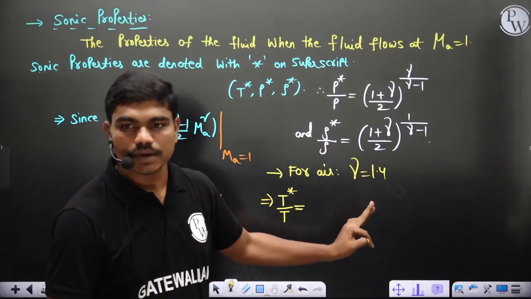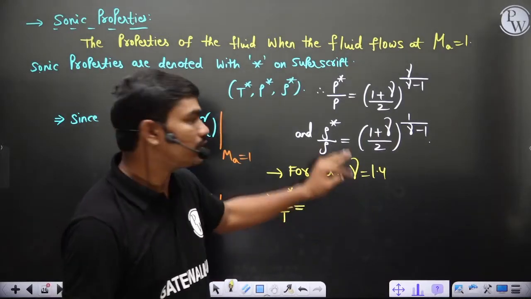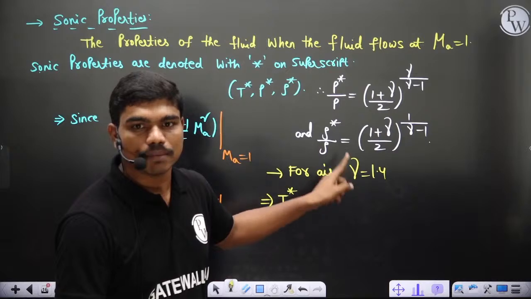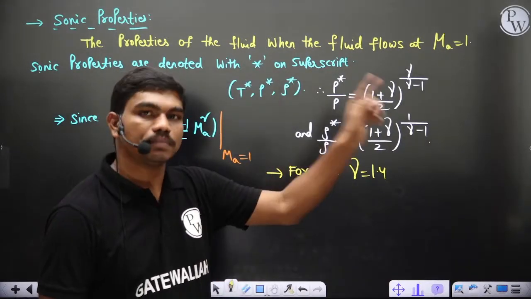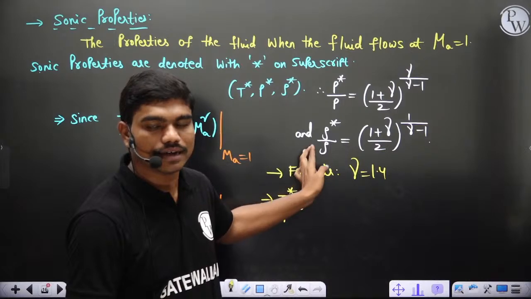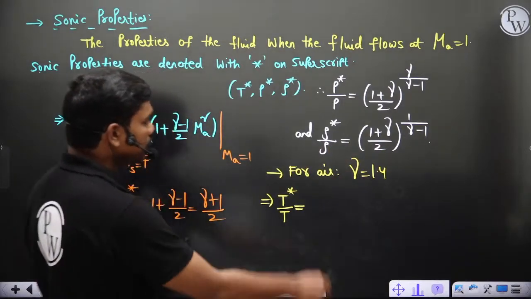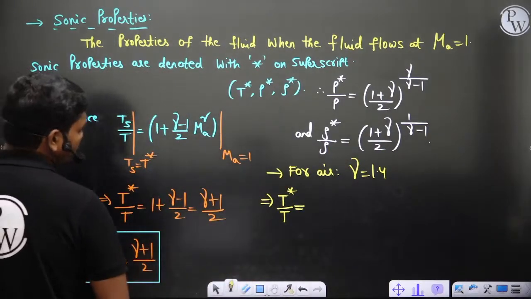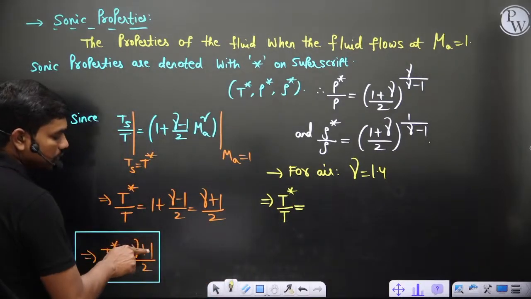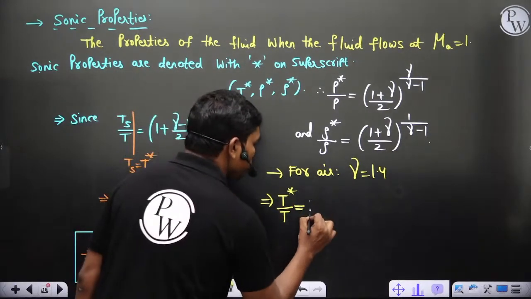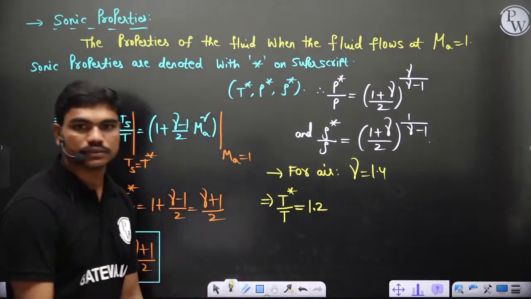You will definitely see questions from this chapter, because rockets operate in the compressible regime. So if you put gamma equal to 1.4, 1.4 plus 1 is 2.4, by 2, so this is 1.2.